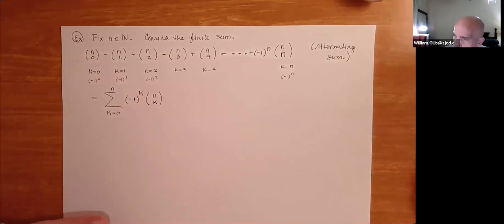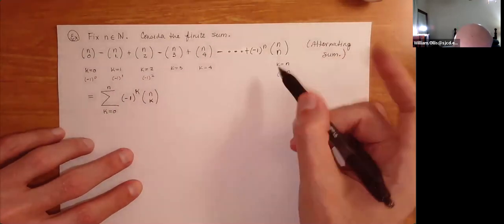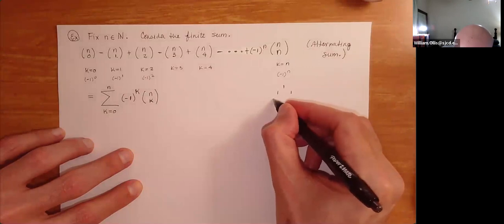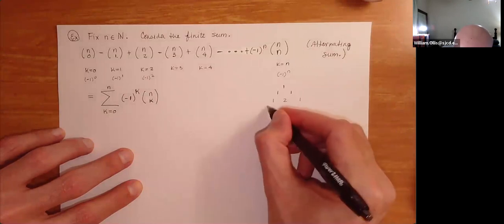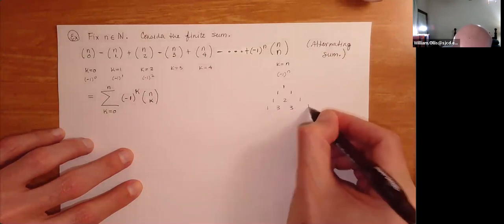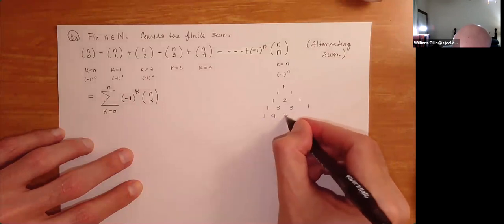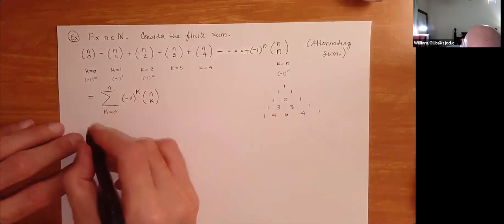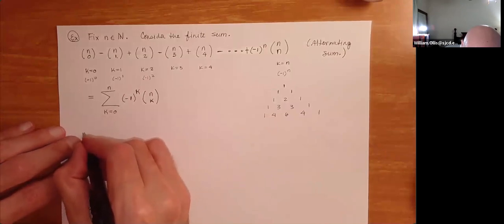Now let's just check it out. Notice this will take a little bit more analysis than the last one. Let's write down a couple of these rows. So we're doing a little analysis here. Let's take n equals 1.